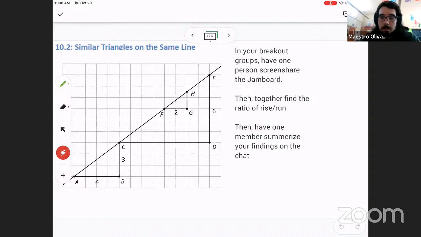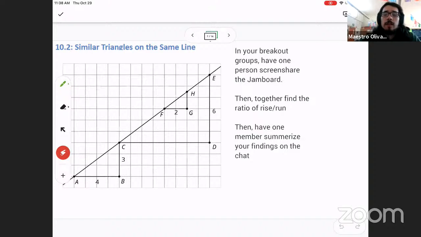So I'm going to give you 10 minutes to be in your groups, okay? I'm creating breakout groups right now. As stated, in your breakout groups, one person, actually, you know what?